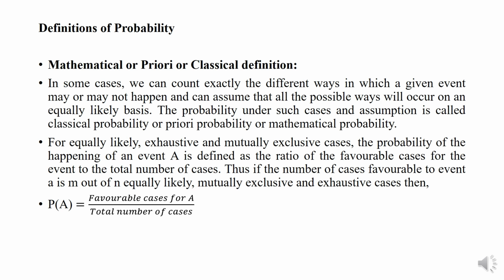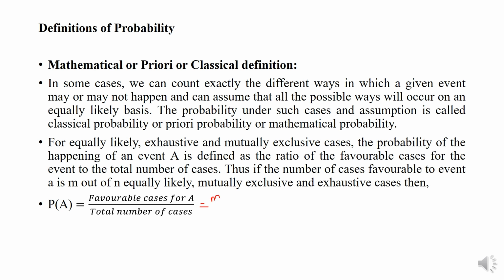Thus, if the number of cases favorable to event A is m out of n equally likely, mutually exclusive and exhaustive cases, then the formula is P of A equals favorable cases for A divided by total number of cases. Or we can write it as m, the favorable cases, divided by n, the total number of cases.